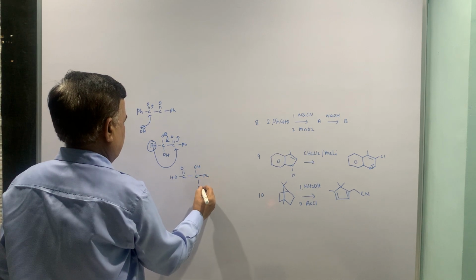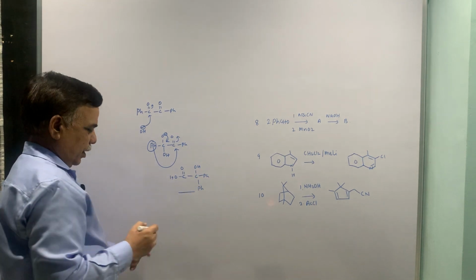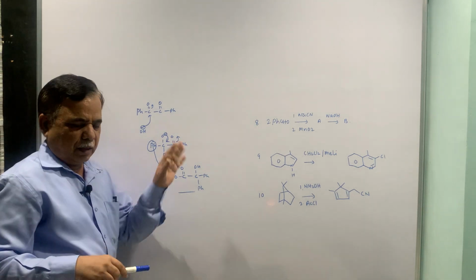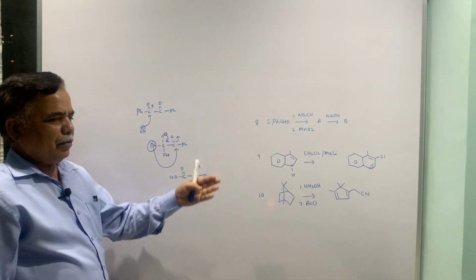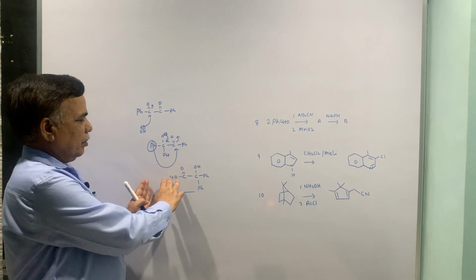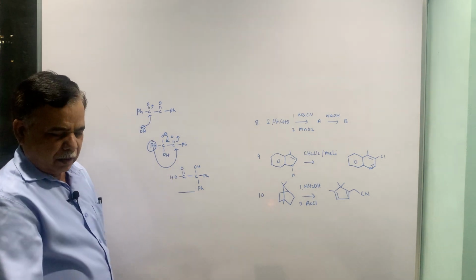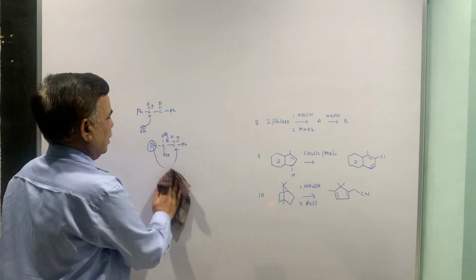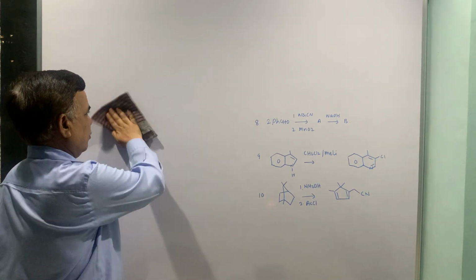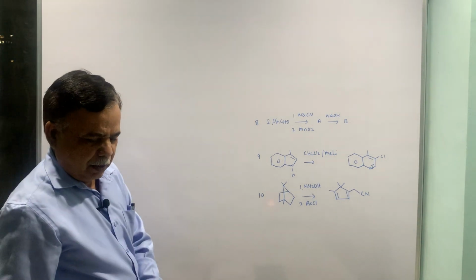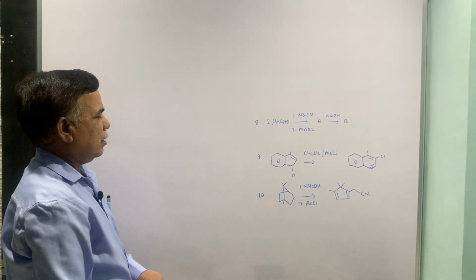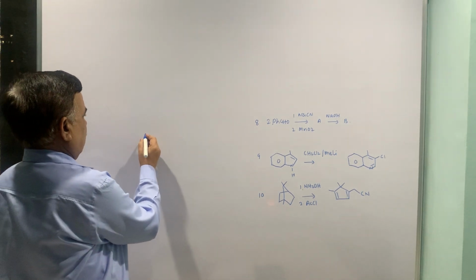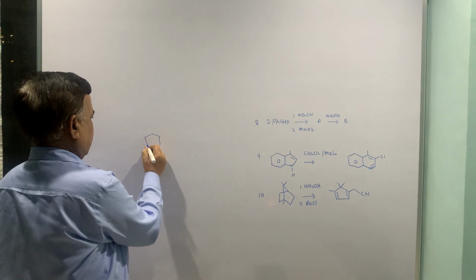Of course, this is the product which is obtained after workup. Some acidic workup is required because NaOH is there. So all these will be in the form of salt, but acidic workup can give you the alpha hydroxy acid, that is nothing but benzil benzilic acid rearrangement. 1,2-diketone is becoming an alpha hydroxy carboxylic acid.